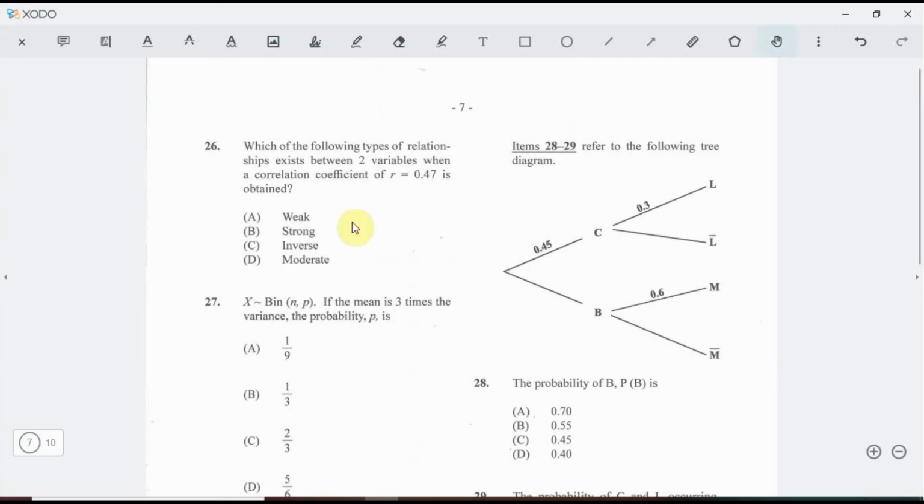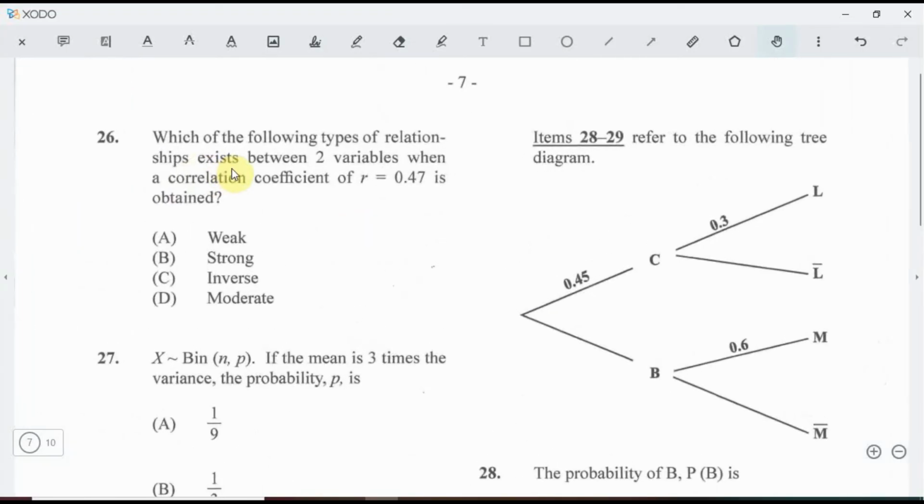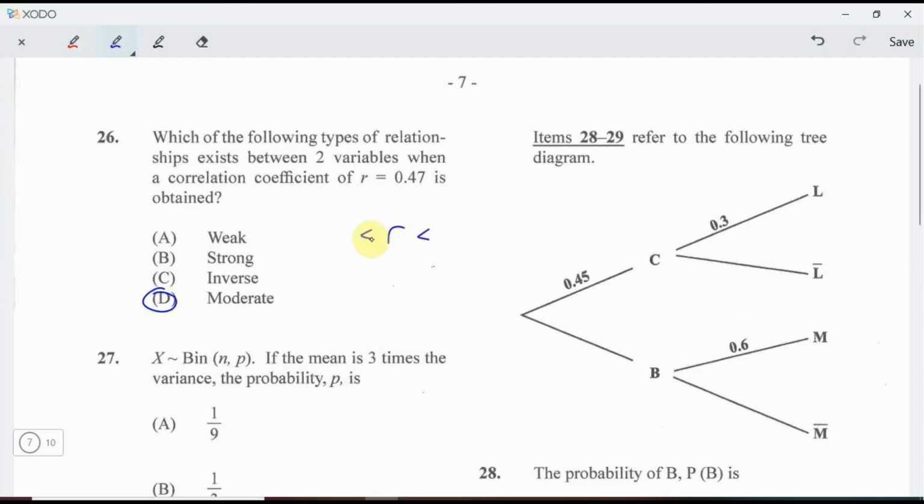Alright, question 26. Question 26 says, which of the following types of relationships exists between two variables when a correlation coefficient R of 0.47 is obtained? Now that's moderate. So this is what you need to remember. If R is between 0.85 and 1, then it is strong correlation.